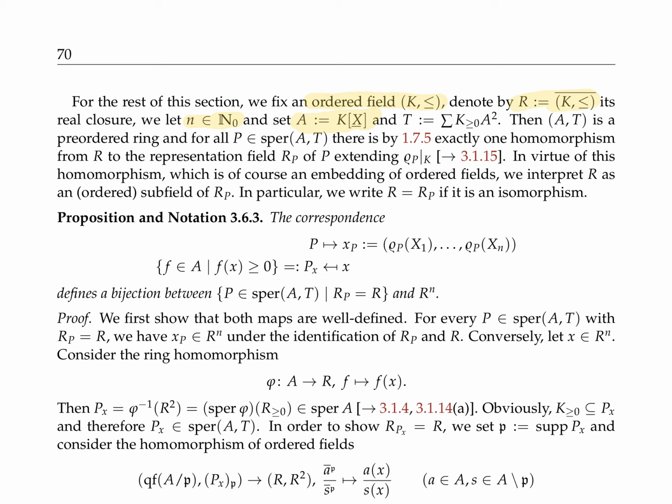We made this into a preordered ring by looking at the preorder which is generated by the non-negative elements of K. And then AT was a preordered ring, and we were looking at the real spectrum of AT.